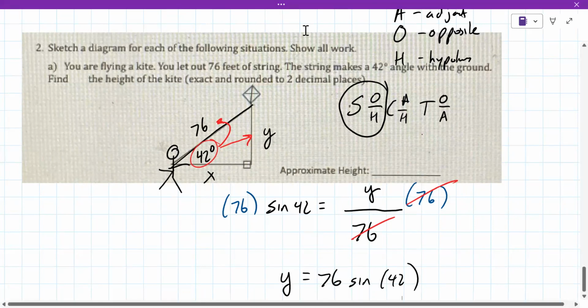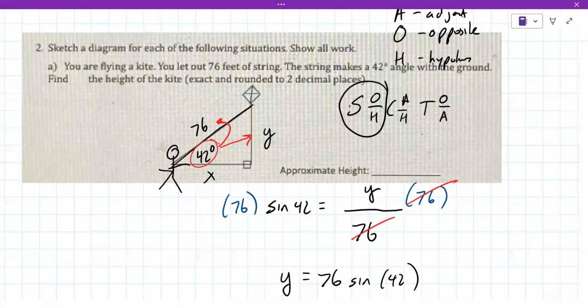The 42 goes into the parentheses because that's the angle, and not the main thing. The new number gets put in front of it. Okay, and now you have to go to your calculator, the most scientific one.